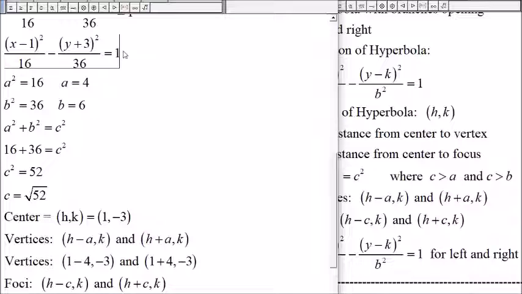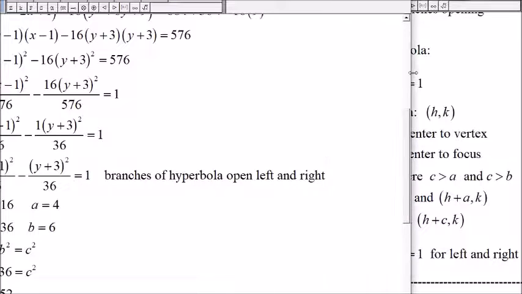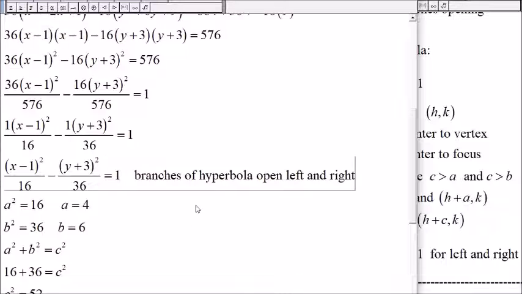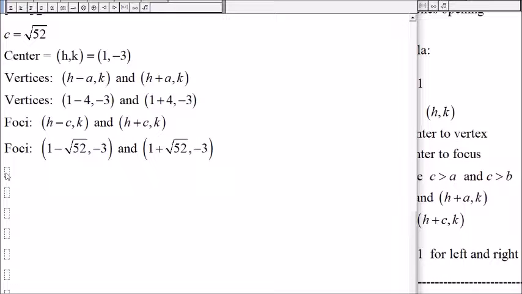And so the branches open left and right. And since the branches open left and right, the asymptote slope is b over a.